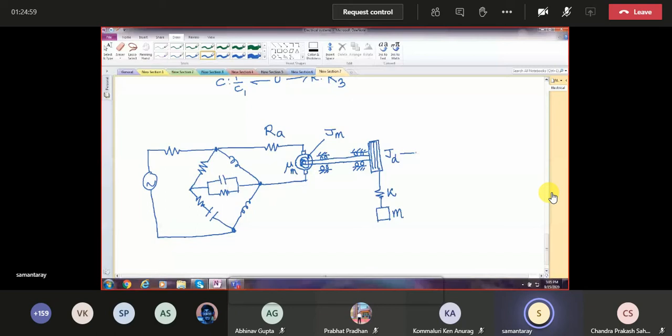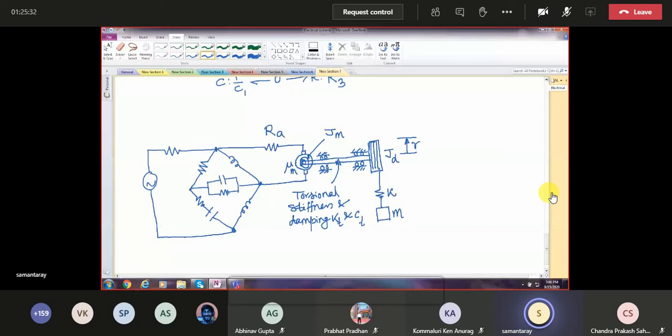R is the radius of the pulley. And in addition, this shaft has torsional stiffness and damping, Kt and Ct.